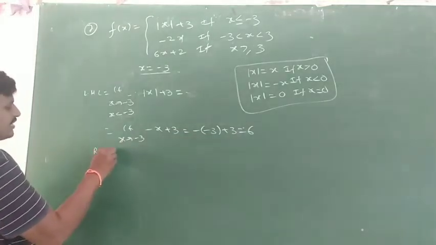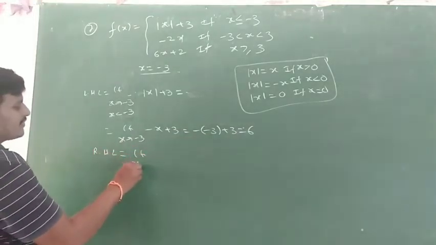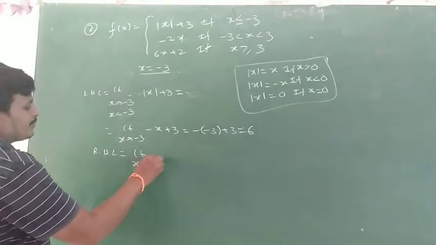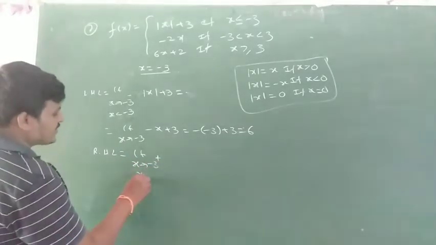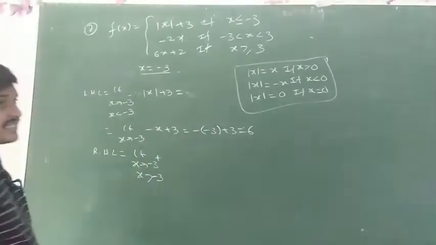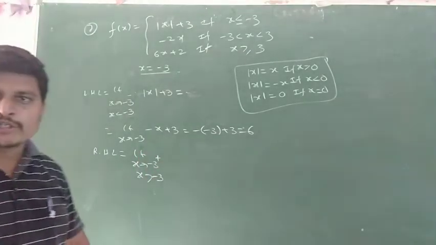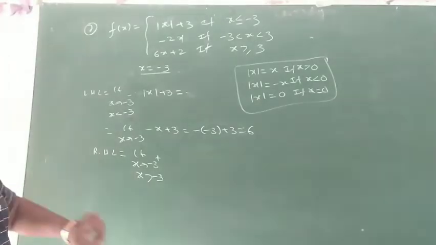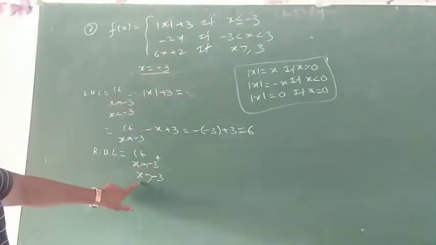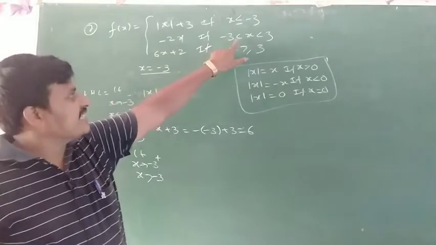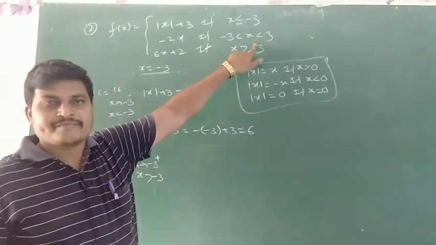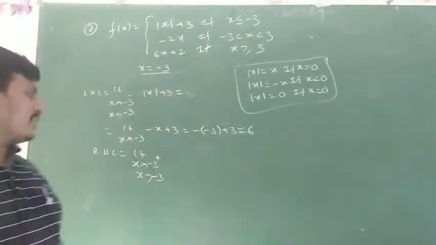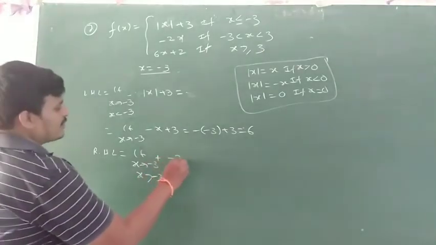Next, RHL. Limit x tends to -3 plus. -3 plus means x greater than -3. X greater than -3 means not all negative values; positive values are also there. Which function? -2x.